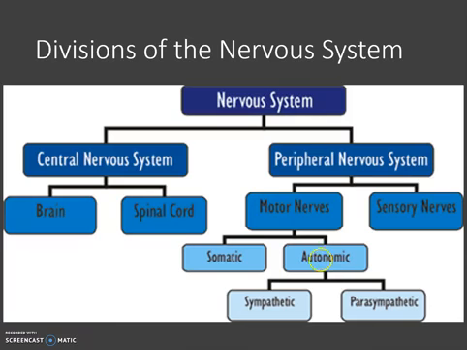The sympathetic and parasympathetic divisions are kind of opposites of each other. The sympathetic division is also known as the fight or flight division, whereas the parasympathetic is known as rest and digest. So they have opposite effects on each other.